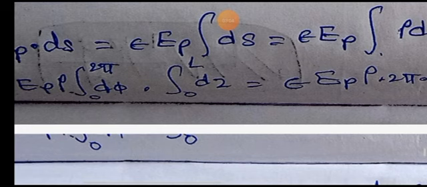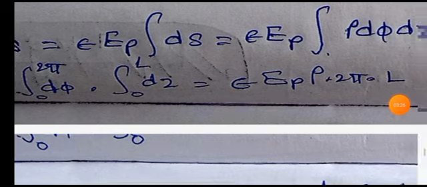So if you integrate this, d phi goes from 0 to 2 pi, and the z limits, that is the length of the coaxial line, go from 0 to L. So what do you get for the total integration?